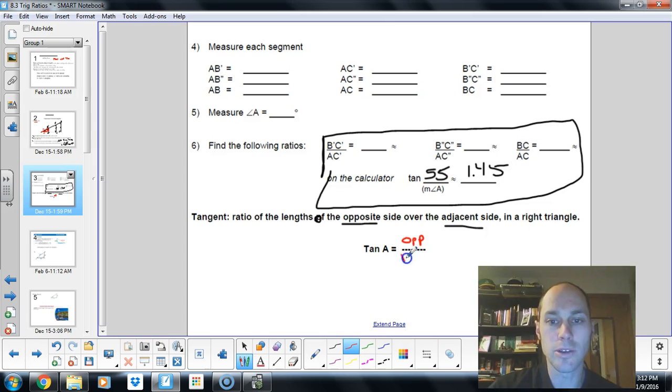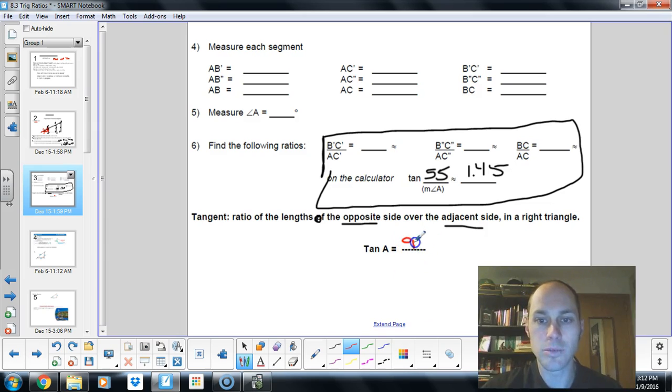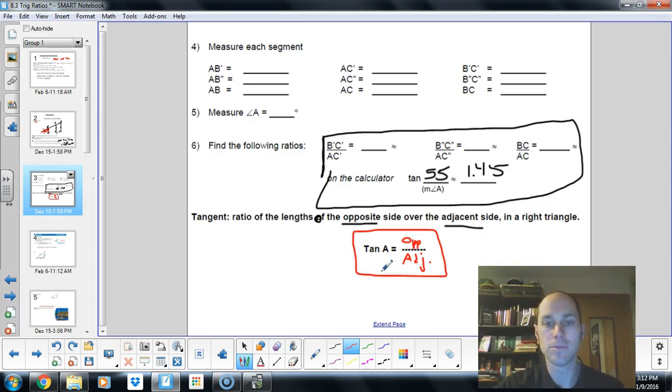Oops, I did that wrong. It's not opposite over hypotenuse. It should be opposite over adjacent side. In any right triangle, it will always be the same. That's why when you type it on your calculator, you can get a value.